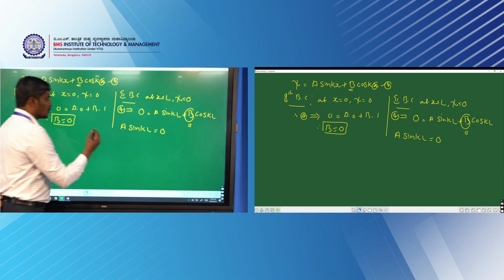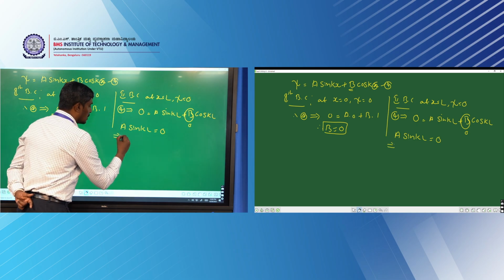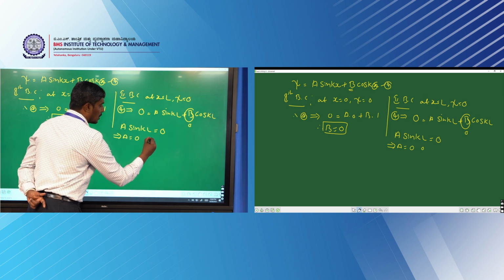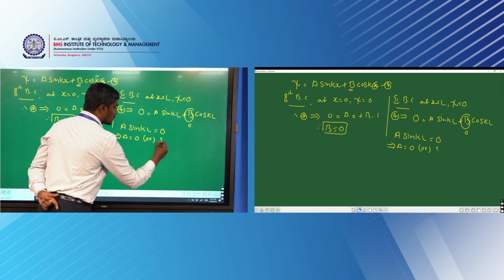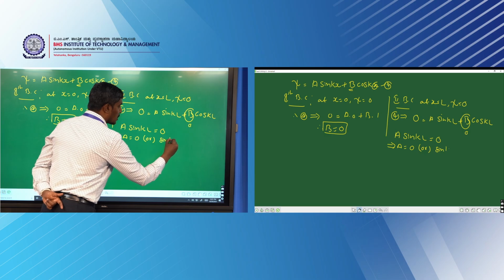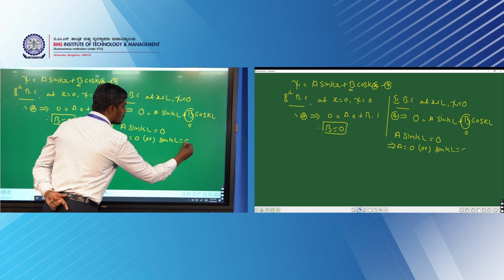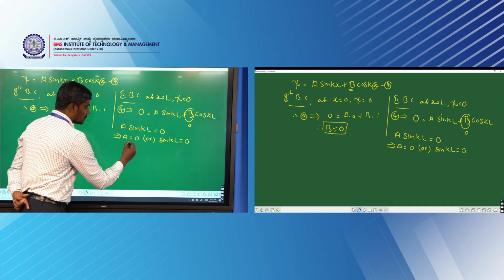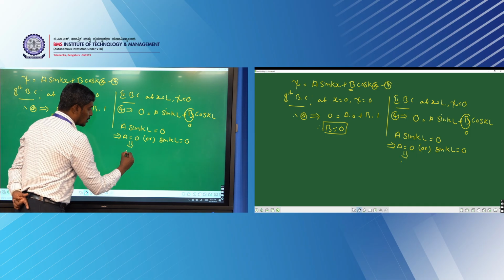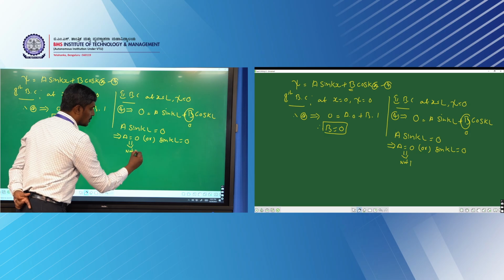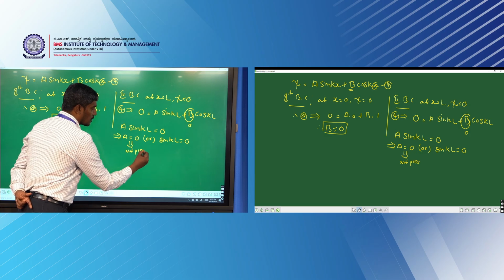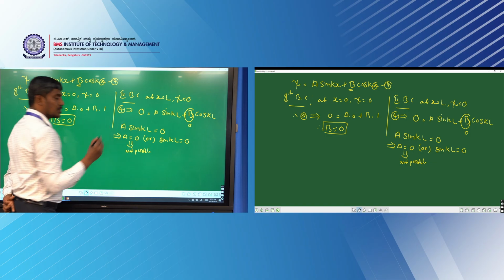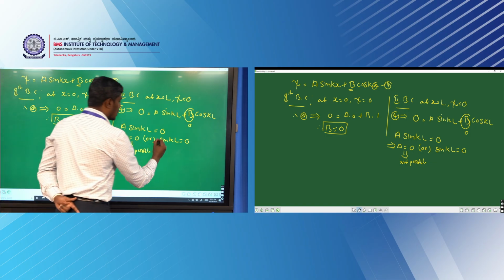So this implies either A should be equal to 0 or sin KL should be equal to 0. Remember, A cannot be 0, so that is not possible. So what is the option here? Only sin KL can be equal to 0.